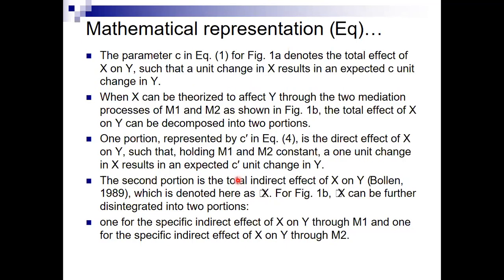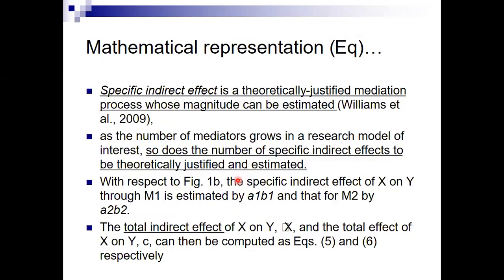One portion is normally represented by C complement in equation 4. That's the direct effect of X on Y, such that we are holding M1 and M2 constant. A 1 unit change in X results in an expected C complement unit change in Y, okay? Then of course you have the second portion, which is the total indirect effect of X on Y, which is denoted by theta X, etc. So that's what we've been explaining.